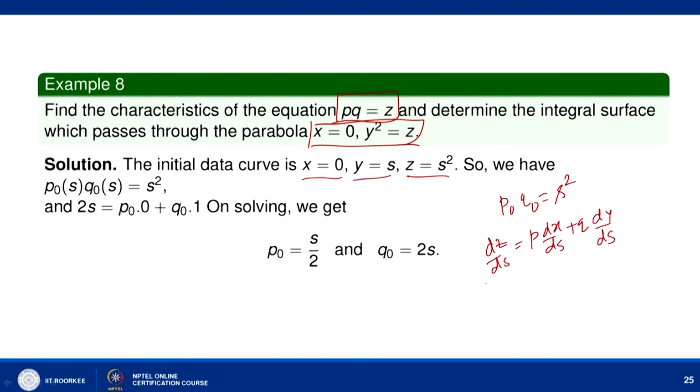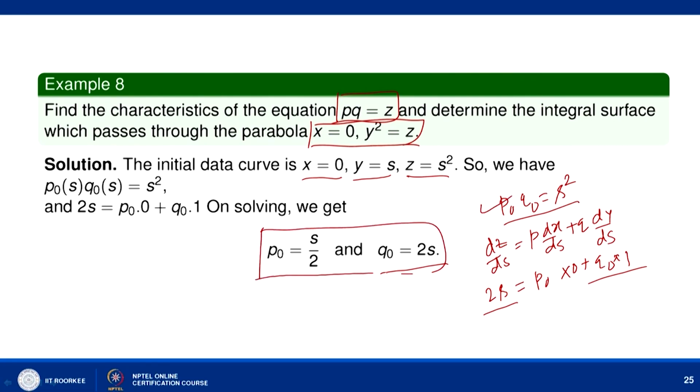So, here dz by ds is 2s equal to p naught dx by ds, which is 0, plus q naught dy by ds, which is 1. So, you can get q naught as 2s, and when we have q naught, you can find the value of p naught, that is s by 2.